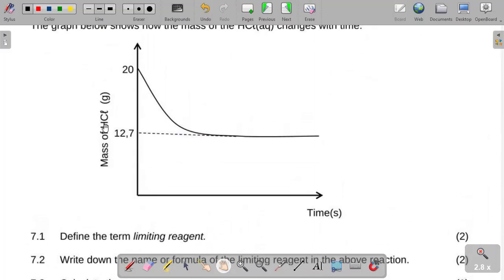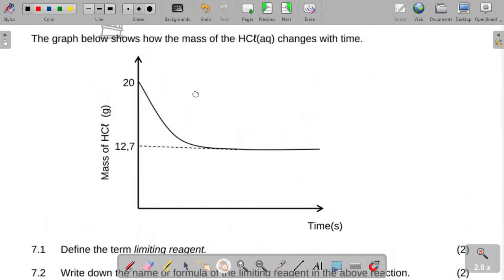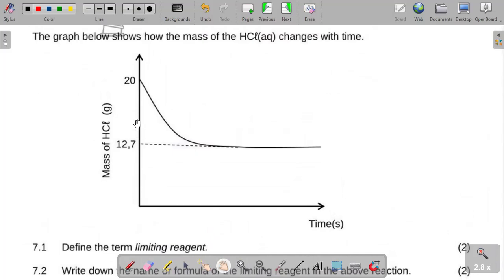The mass of HCl starts at 20, and then it goes down, and at 12.7 it stops. It becomes constant. The line here is horizontal. So this shows you that HCl is no longer being used. It is constant, it's not going down anymore, it's not being consumed.